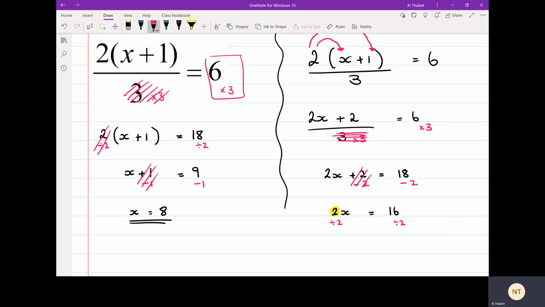And I now have 2 divided by 2 is 1x, my x. And 16 divided by 2 is 8. So you get, of course, the same answer, whichever method you use. And these are the examples for equations with fractions.